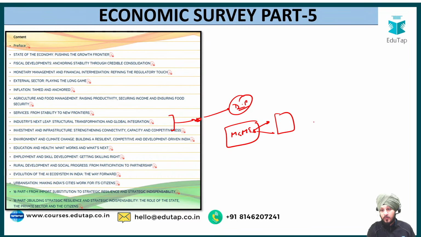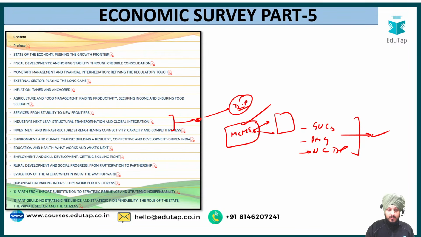Although this chapter also talks about global value chains, schemes like PM Gati Shakti, and the National Corridor Development Plan, these are not primarily important as far as your examination is concerned, because the way questions are asked in the RBI exam is usually not of this kind. And yes, here and there if these things are required, I'm going to cover them at the right time. But at this point we will primarily focus on the MSME theme as highlighted in this chapter on industry's next leap.